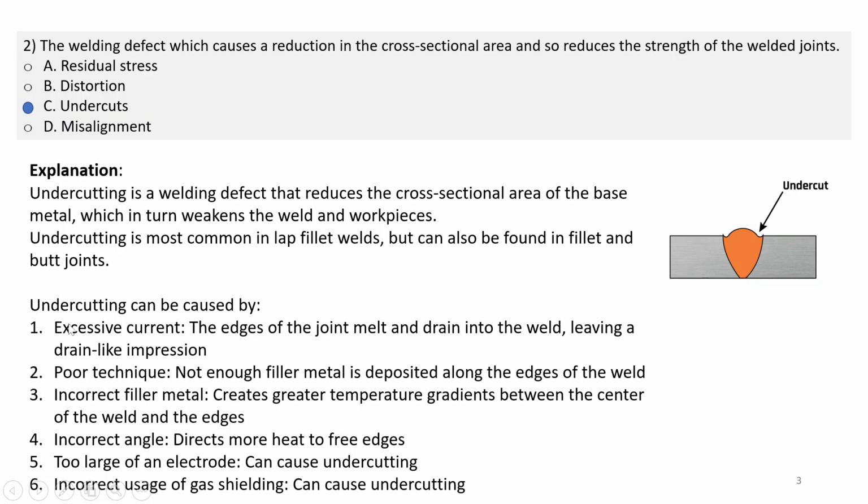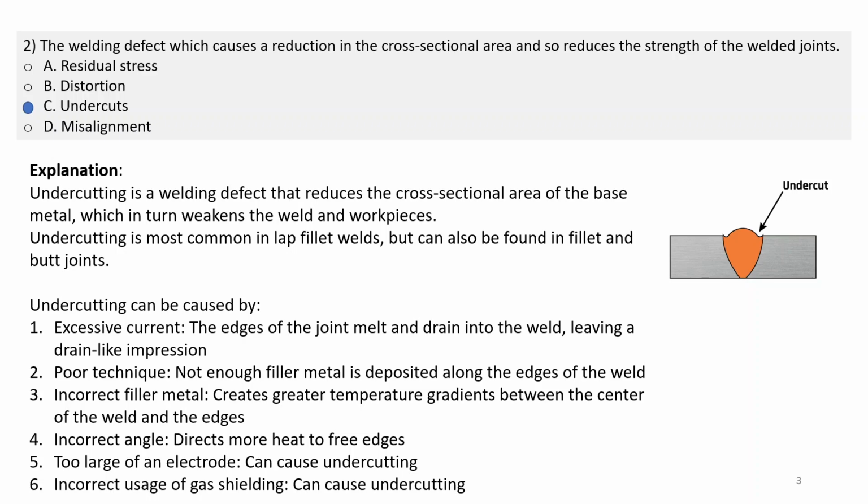Undercutting can be caused by excessive current, so the edges of the joint melt and drain into the weld, leaving a drain-like impression. Or it can be due to poor technique, in which not enough filler metal is deposited along the edges of the weld, or incorrect filler metal, which creates greater temperature gradients between the center of the weld and the edges.